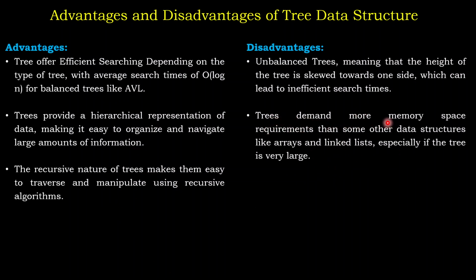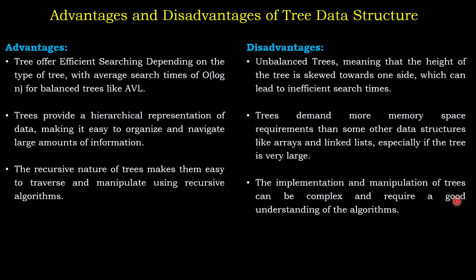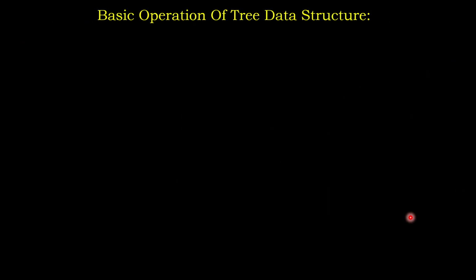Also, a tree demands more memory space, because in a single node we have three different values: one is data, and two are pointers that link to the right node and left node. So it occupies more space. And the implementation and manipulation of trees can be complex and requires a good understanding of the algorithms. Of course, this requires clearer logic, and then only can you understand.